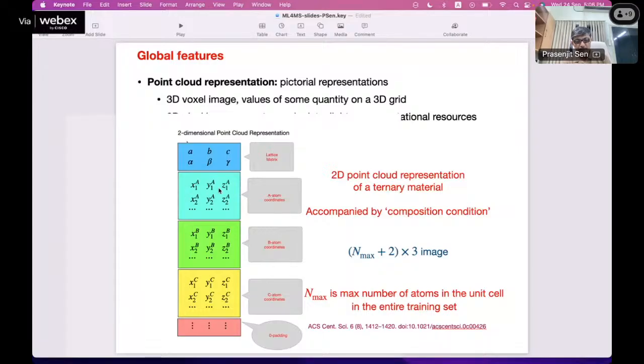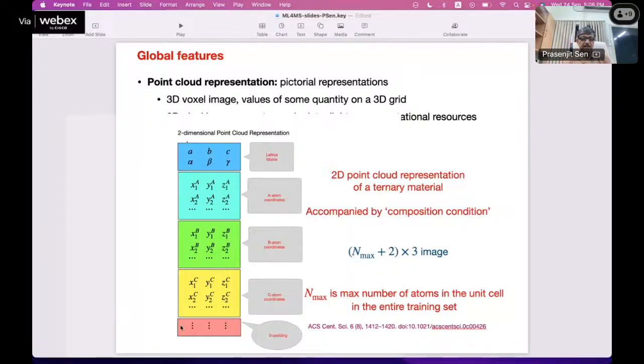If you have a certain number of A atoms, x1, y1, z1, x2, y2, z2. These are the fractional coordinates of the A atoms sitting within the unit cell. The next block is the same thing, the fractional coordinates in the unit cell of the B atoms. And the third one is fractional coordinates for the C atoms.